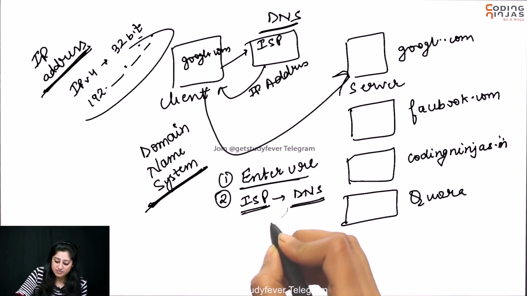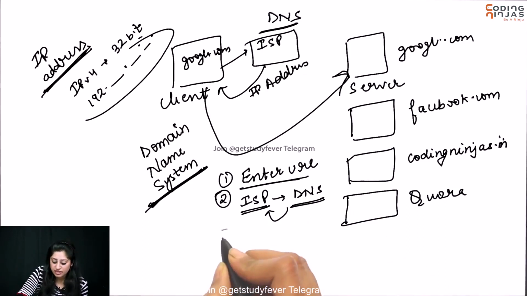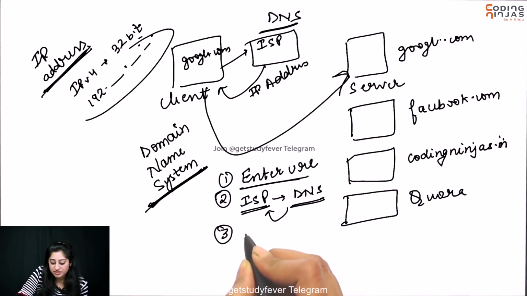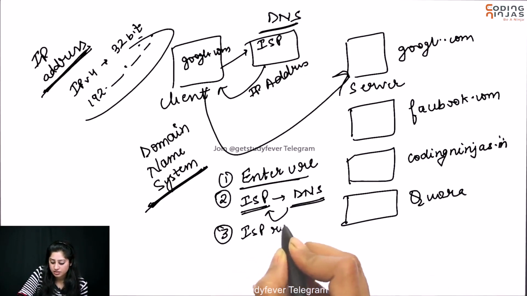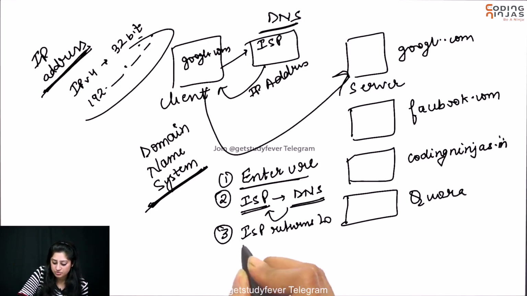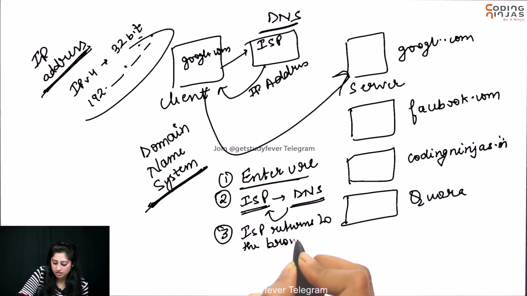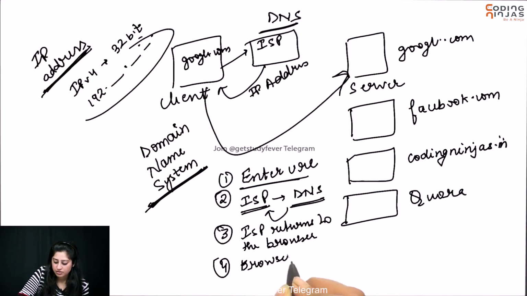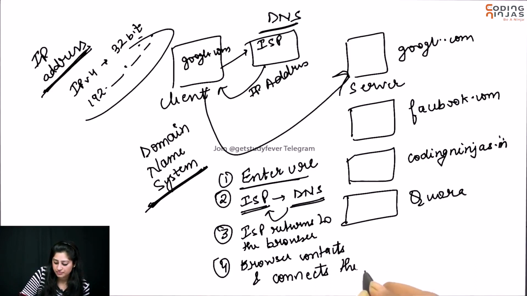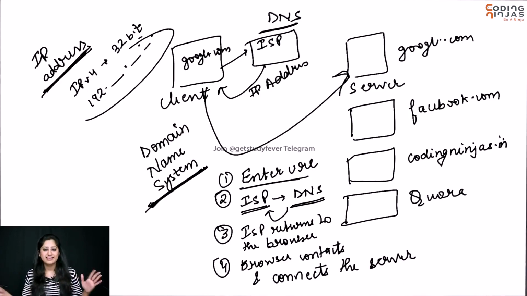From this domain name search, it will get an address which it will give to the browser. So the ISP returns the address to the browser, and the browser then contacts and connects with the server. So this is how things work. The connection is then established, and this is the communication flow that takes place.